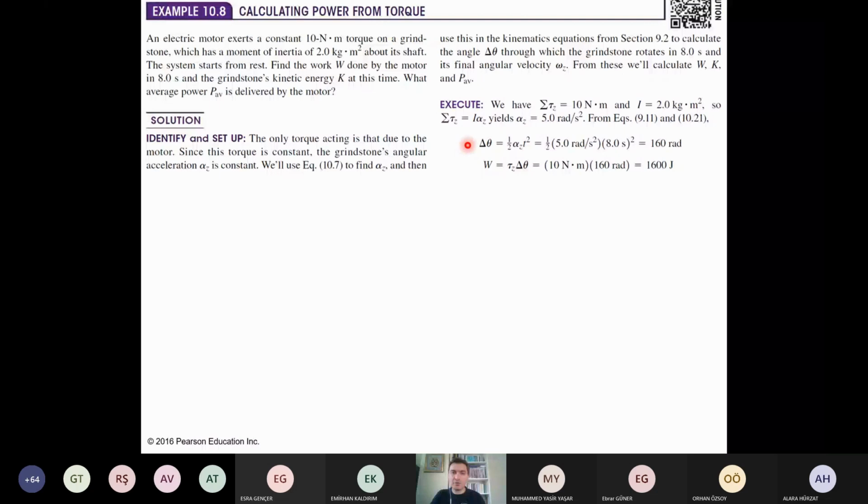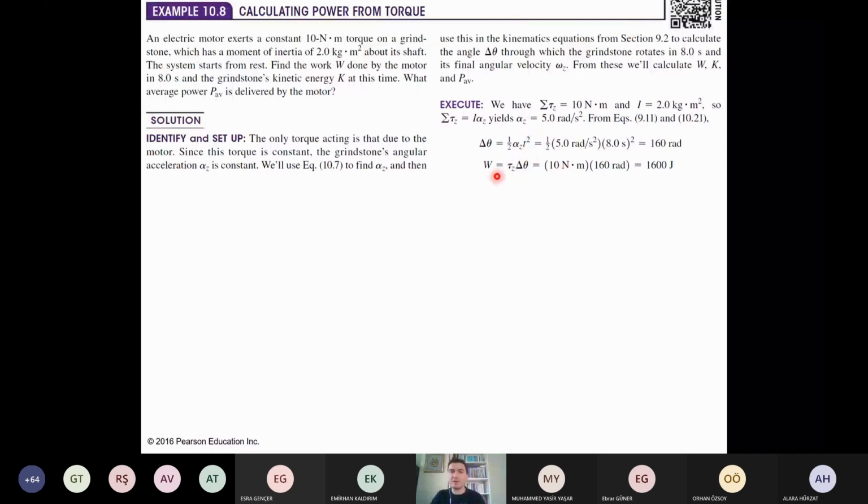And if we have constant angular acceleration, I can write this expression: final theta position minus initial theta position, namely delta theta, is equal to 1/2 alpha z t squared, like we have done in chapter 2 for the linear constant acceleration.